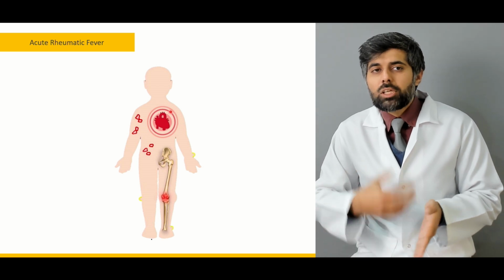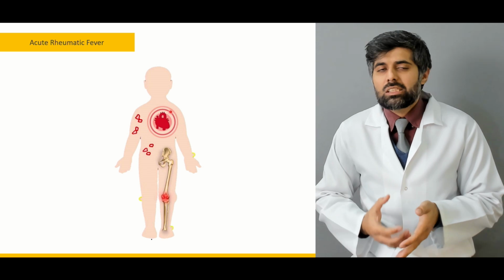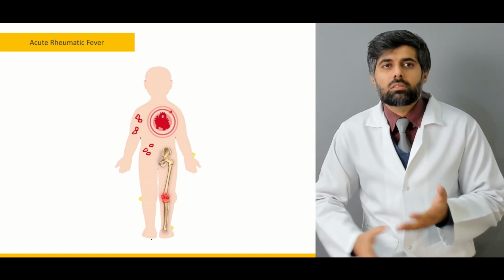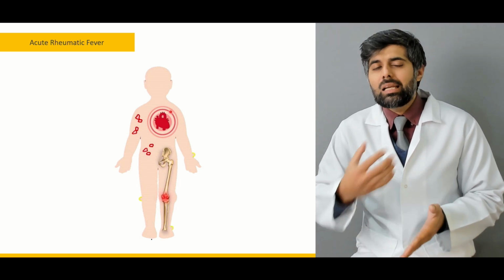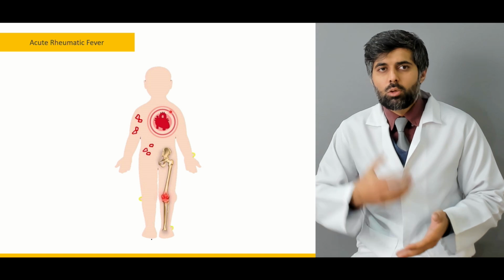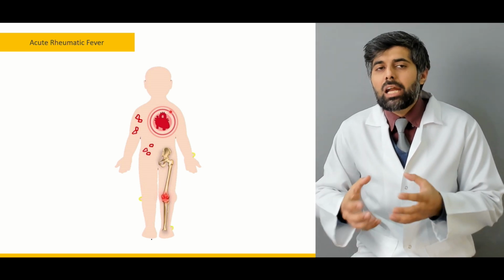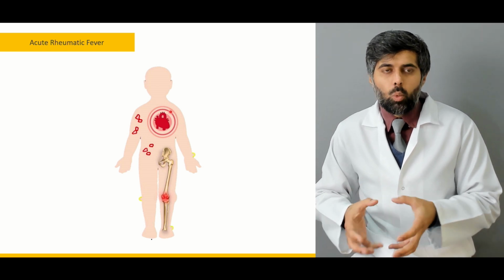As for its epidemiology, acute rheumatic fever is considered a disease of poverty. In developed countries, there are fewer and fewer chances of a patient developing acute rheumatic fever, and it is very common in developing countries. Why?